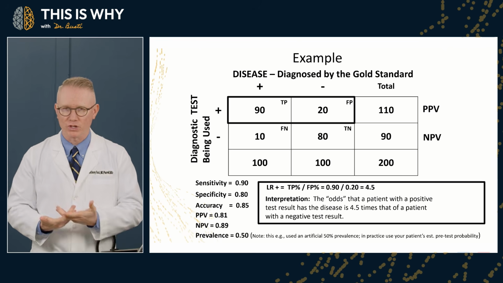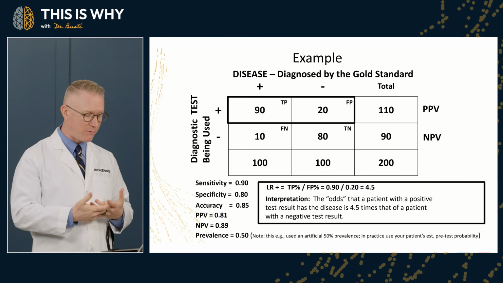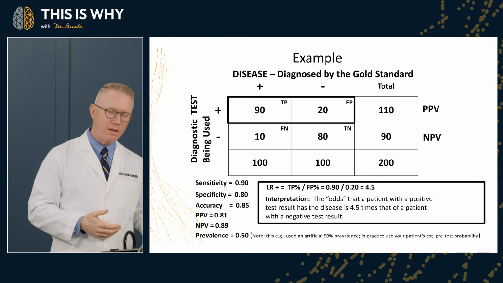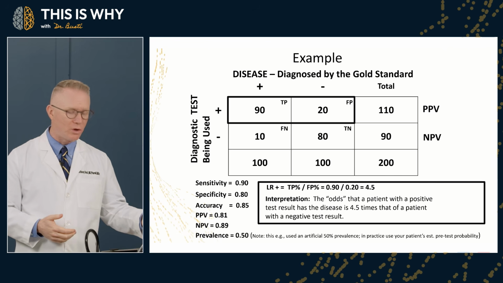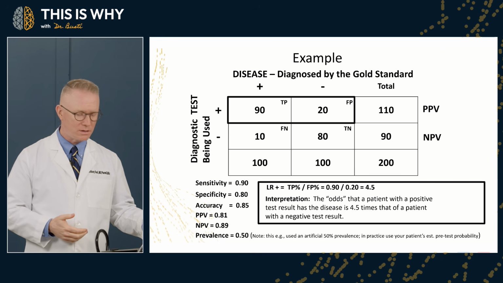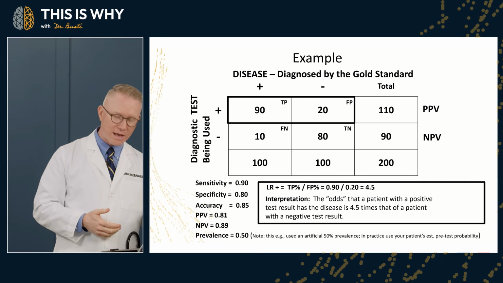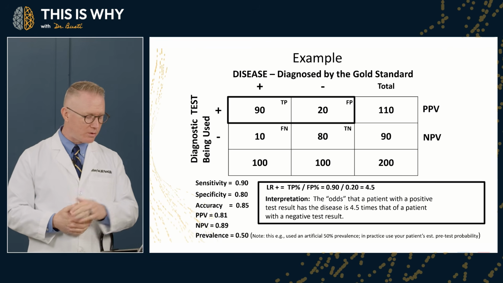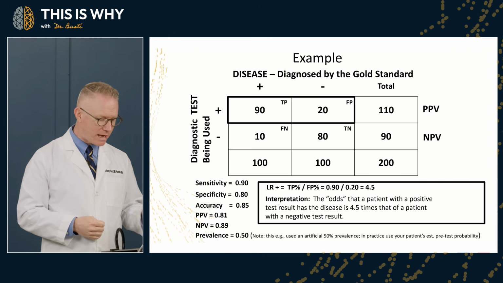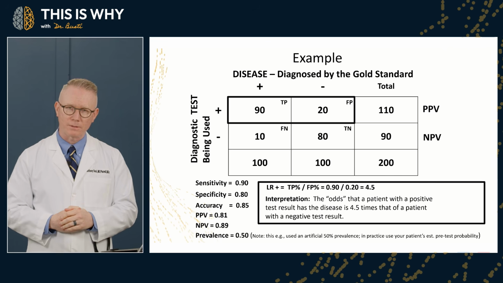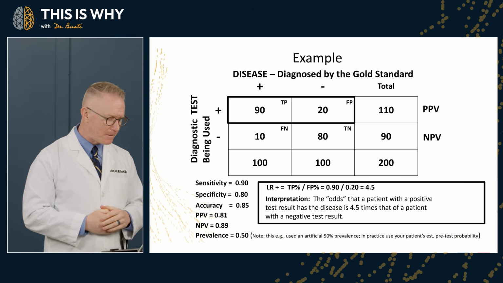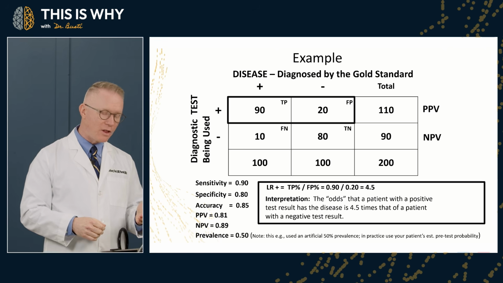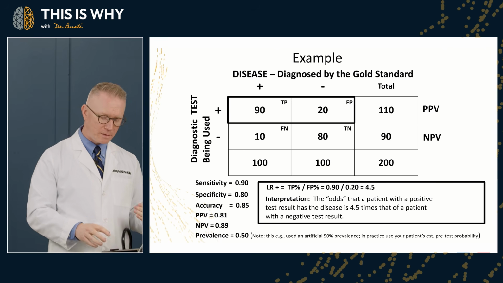What is the interpretation of that 4.5? Well, a patient with a positive result from that test has about 4 times higher chance of having that disease than a patient with a negative test result, okay? And so it's a positive LR, okay?